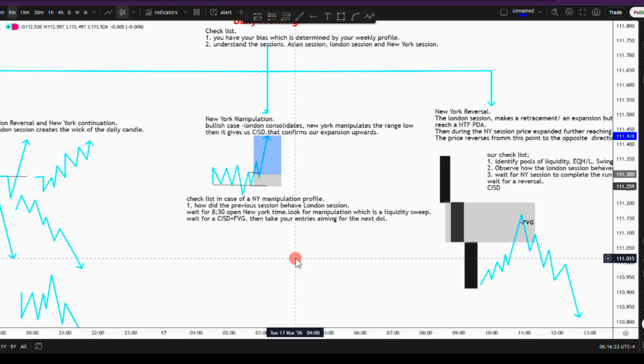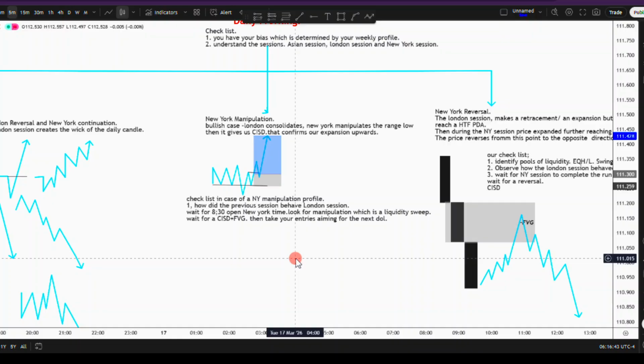For example, London session, did price trade to a higher time frame PDRA level? In case of a New York reversal, wait for the New York AM session to sweep all this liquidity, then reverse from these levels and wait for a confirmation.